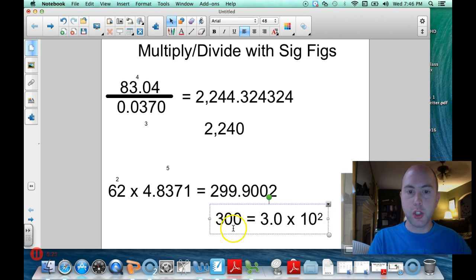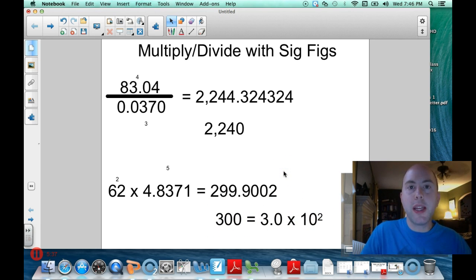So 300 is the same thing as saying 3.0 times 10 to the second. But now it's 2 sig figs. So again, this was only 1 sig fig, now it's 2 sig figs.